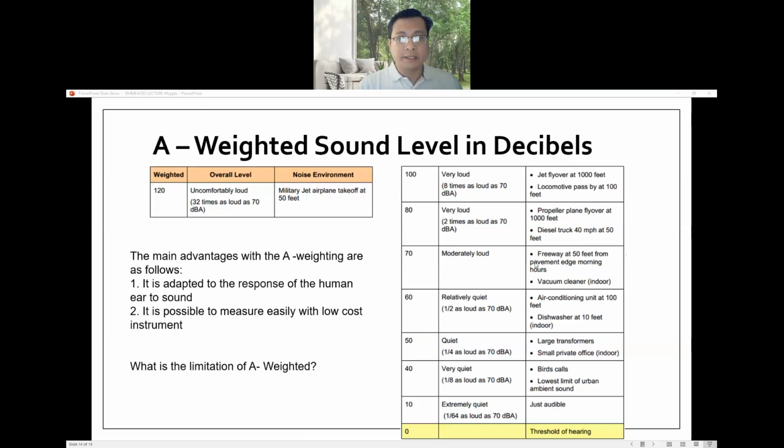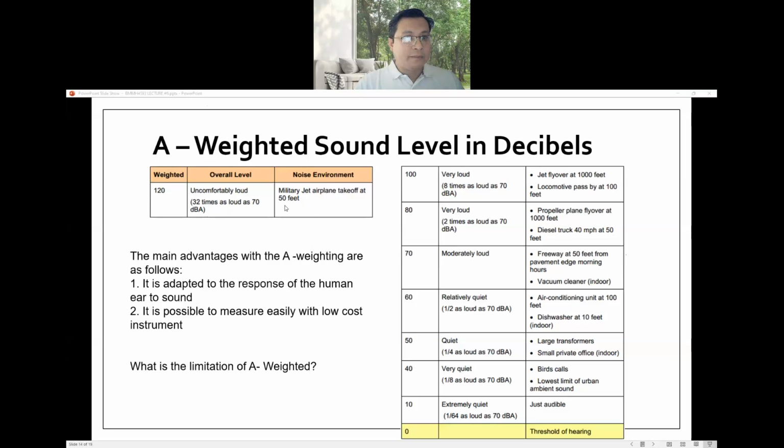As mentioned in the slide, A-weighted sound level in decibels, and a weighted level over 120 is uncomfortably loud. So this means 120 is not comfortable.